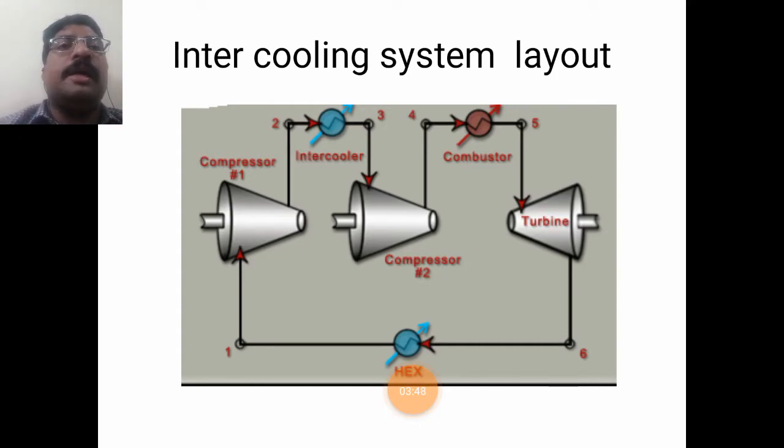In the previous case, without the intercooling system, 80% of work is utilized to run the compressor. Now, only 60% of work is utilized to run the compressor. Hence, the work output from the turbine increases, and with respect to that, the thermal efficiency of the system also increases.